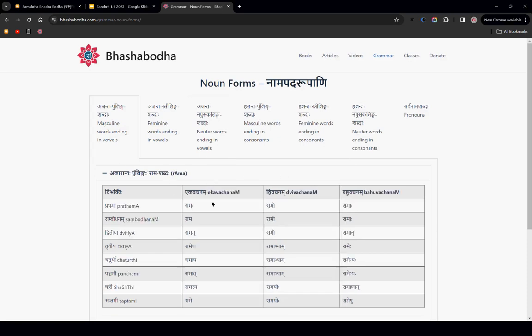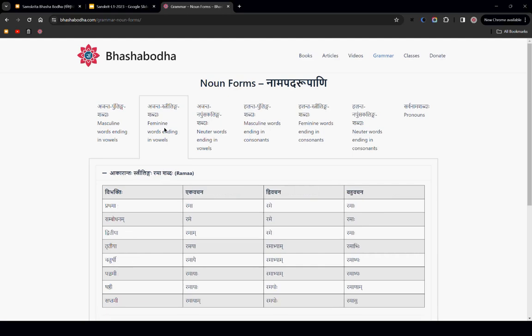Same thing here in the Prathama Pullinga also. Saha balakaha, that boy, tau balakau, those two boys, te balakaha, those boys, more than two. Same thing in Strilinga also. Sa balika, that girl, te balike, those two girls, and taha balikaha, those multiple girls.